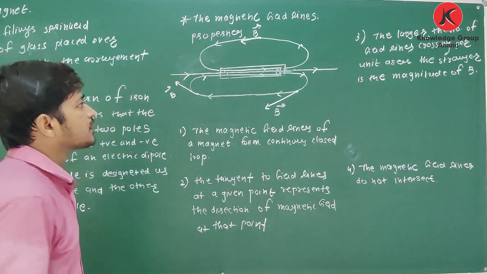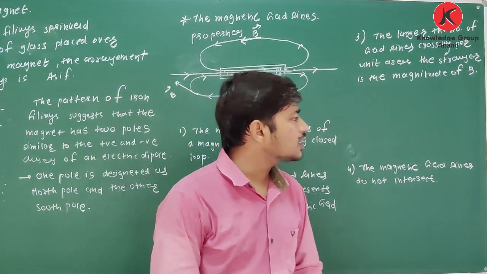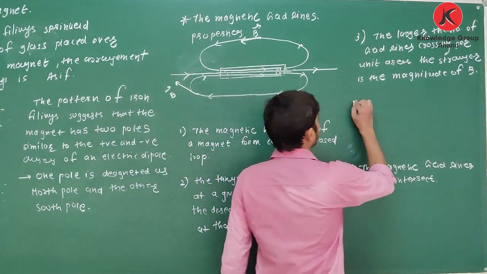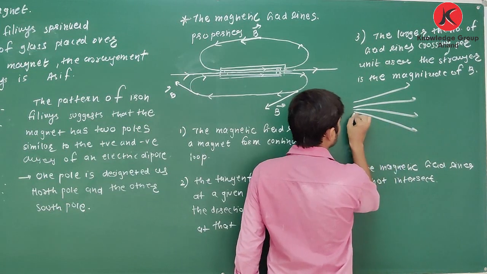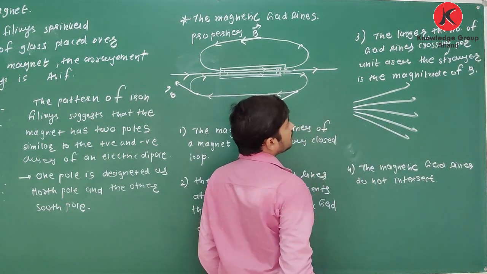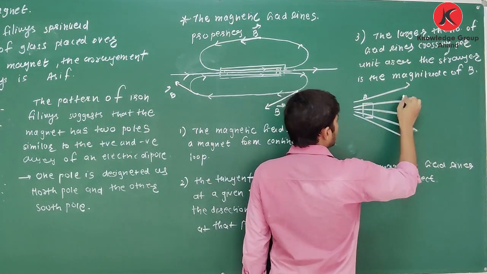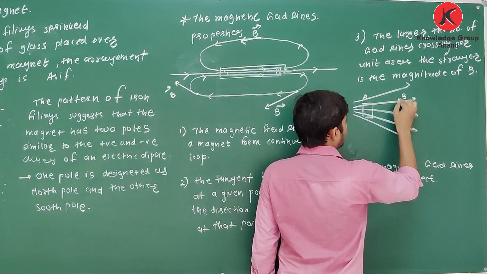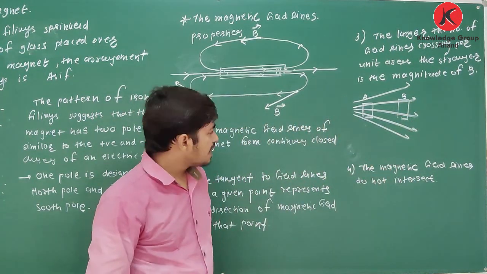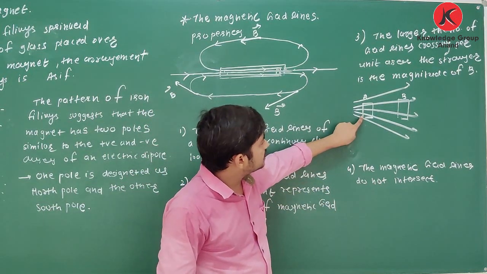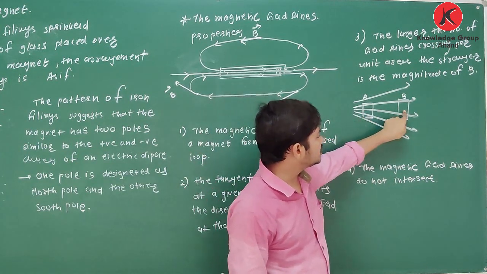Next: the larger the number of field lines crossing per unit area, the stronger is the magnetic field. For example, in region A I have one surface like this, and in region B I have another surface of the same area. From area A, the number of field lines passing is more, from this one less.